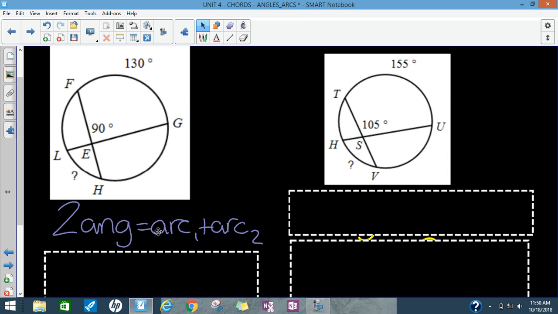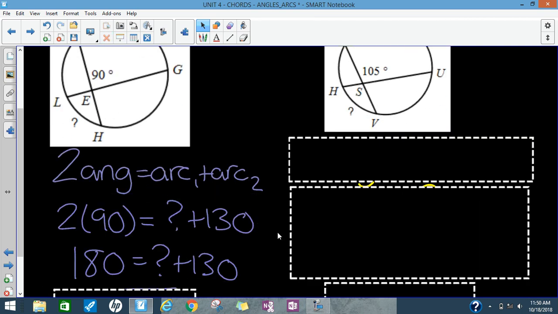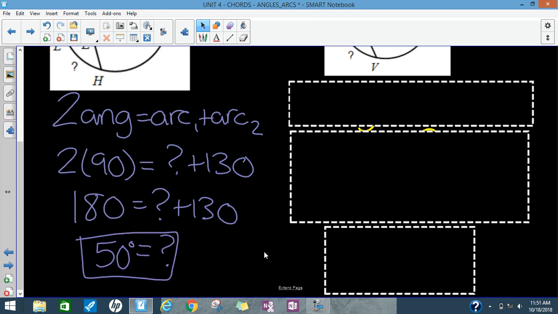I like to put question mark in for arc 1 because it looks more like the equations you've solved for many years. And then I'll put 130 in for arc 2. So we're used to seeing the variable before any sort of constant, and so if you plug question mark in for the first arc, it might look neater to you. And so we can just solve, and we can find out that that arc is 50 degrees.